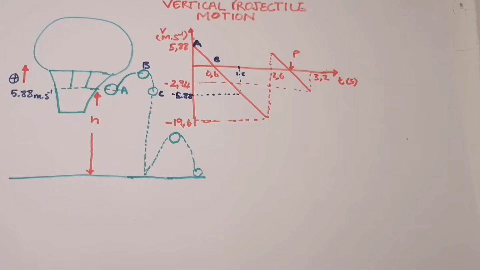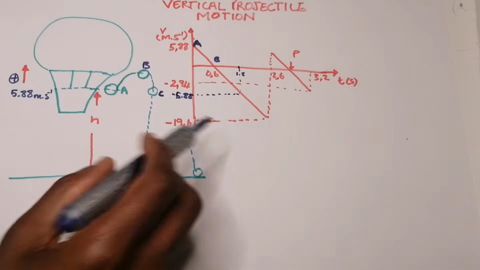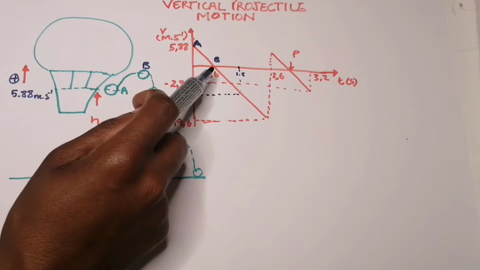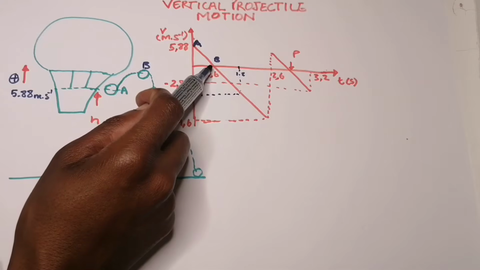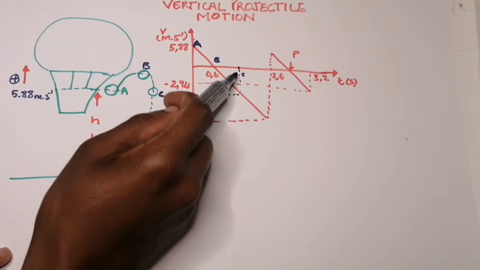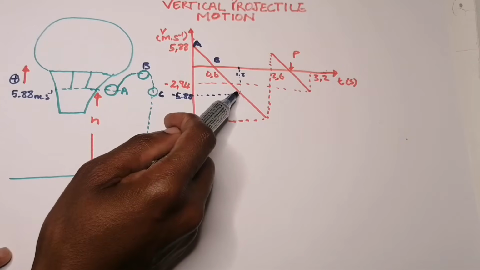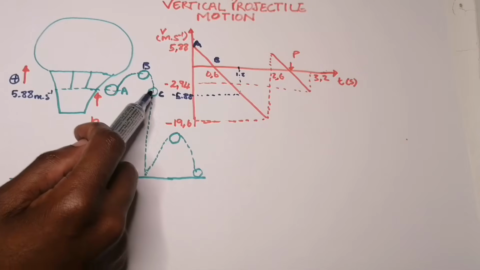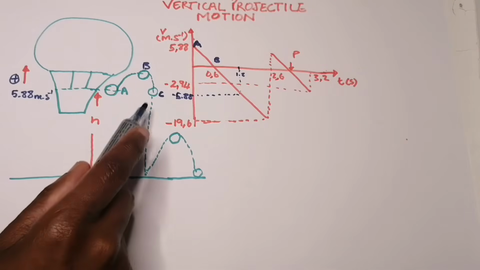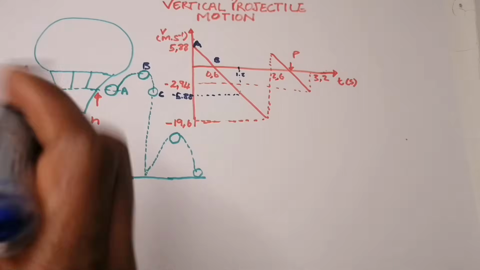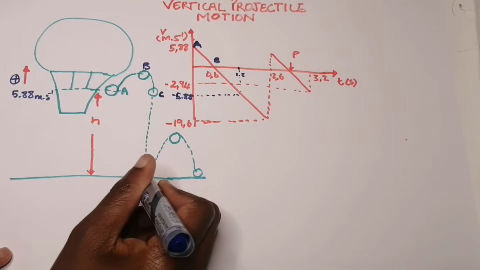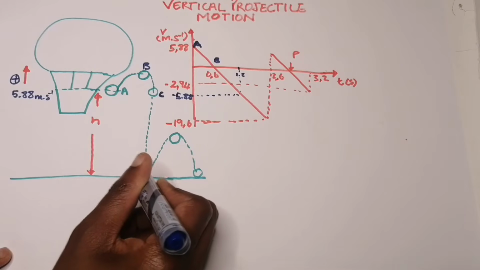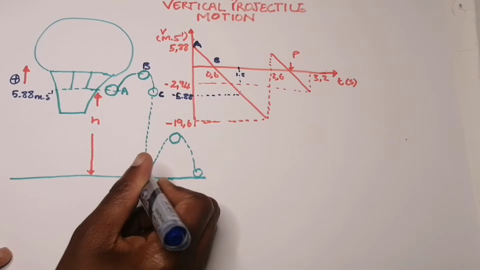Now, obviously, can you see it reached maximum height at B? So that would be point C over there. But it went even further from point C, and it went further down. Now, I will regard the moment just before it touches the ground.